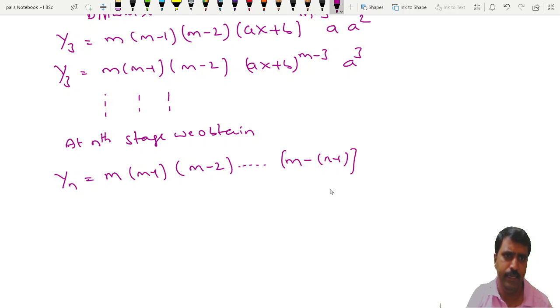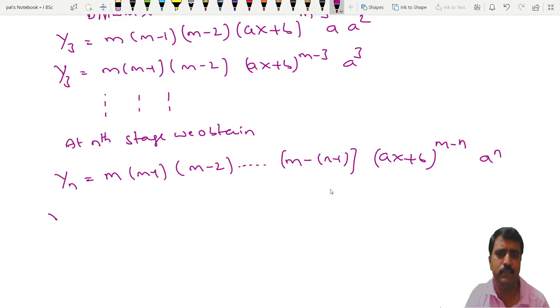Like that, into ax plus b to the power m minus 3. In y3 we have m minus 3, in yn what happens? It becomes m minus n. In y3, a has the power 3, in yn a must have the power n.